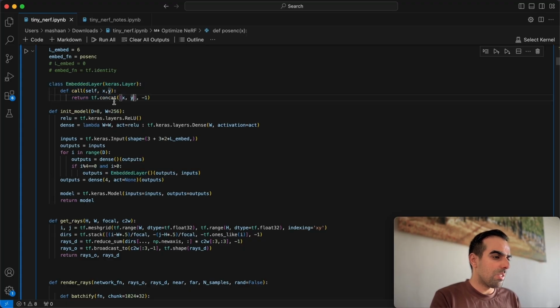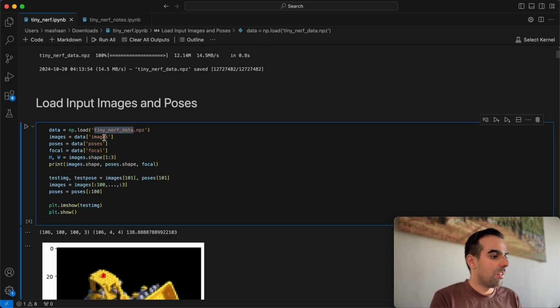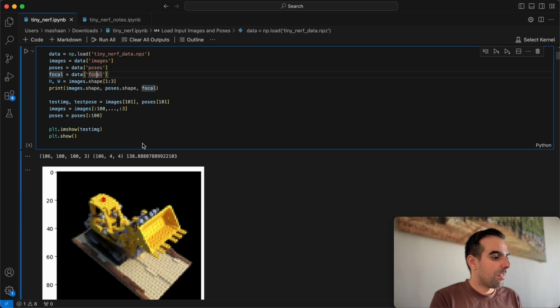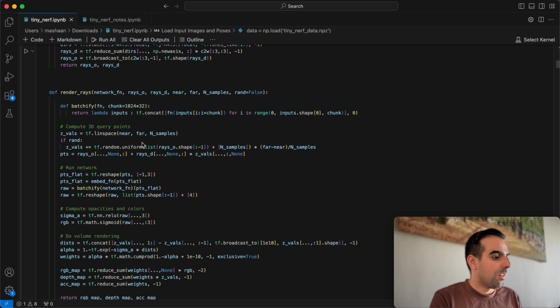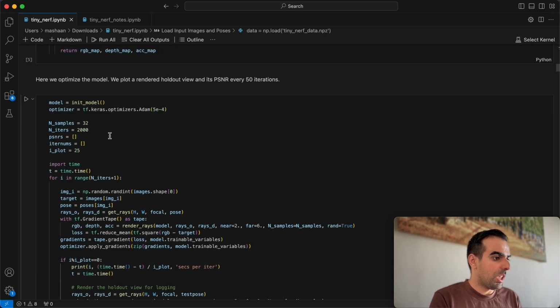No, basically this was a suggestion from Copilot. They could not call it Copilot, it's Gemini on Colab. So this was an LLM suggestion. It uses the Tiny NeRF data with 100 images with their poses and focal length. And I changed some parts just to make it run on Colab CPU.